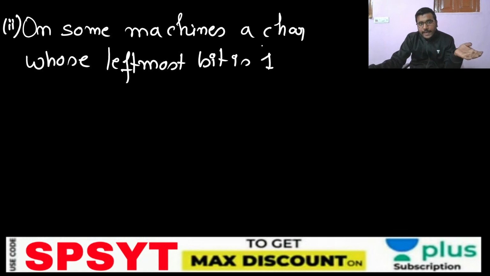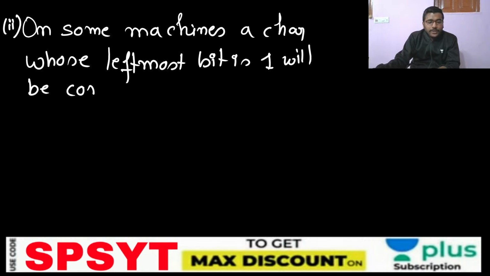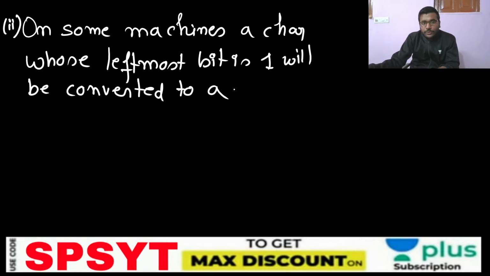So when you convert a char into an integer, on some machines, when the leftmost bit of the char is 1, it will be converted into a negative integer.